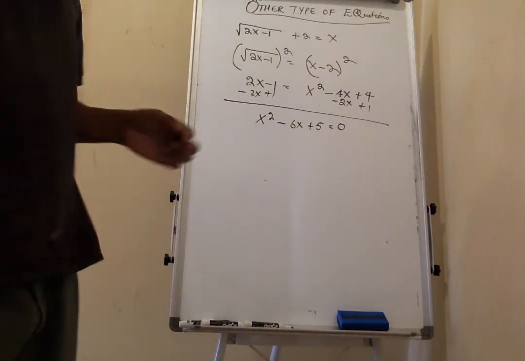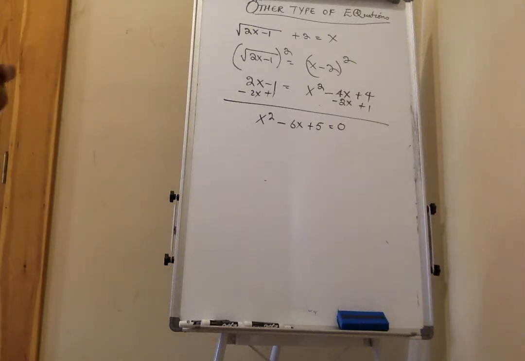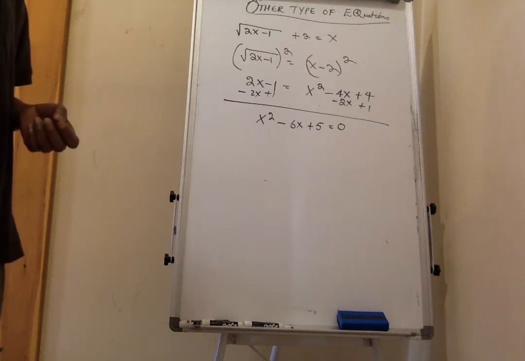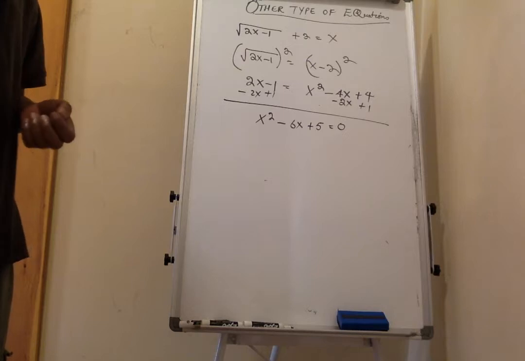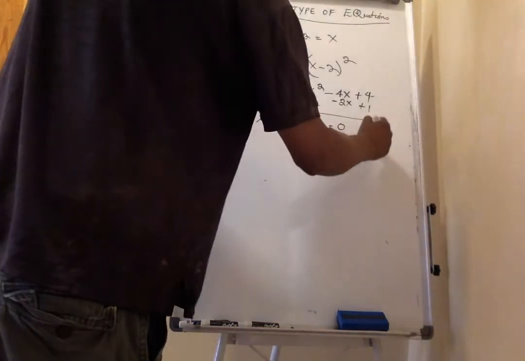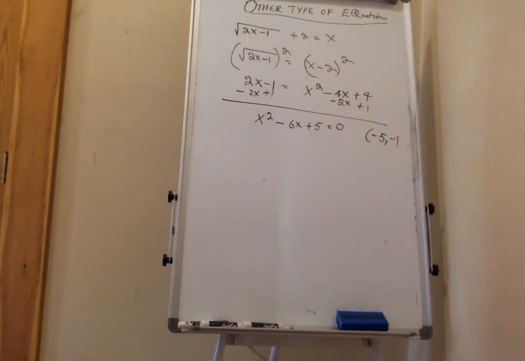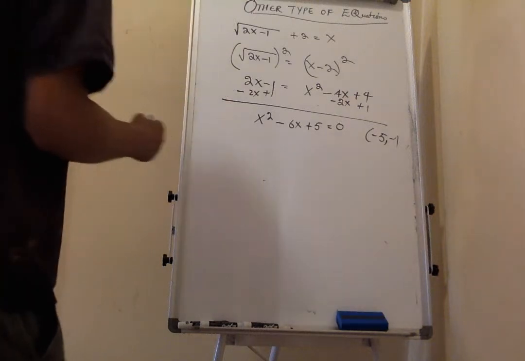Now you end up with a trinomial. So let's go ahead and look for two numbers. If we multiply, we get positive 5, and if we add them, we get negative 6. So it is negative 5 and negative 1, because negative 5 times negative 1 is positive 5, and if you add them, you're going to get negative 6.